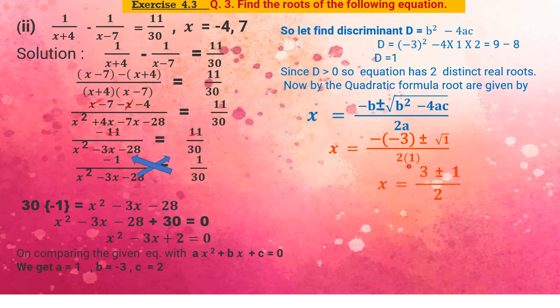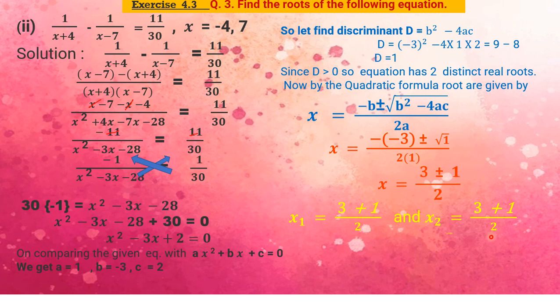Here we have to take two roots. The first root takes the positive sign, 3 plus 1 upon 2, and the second root takes the negative sign, 3 minus 1 upon 2. So for solving this, x1, the first root, is 3 plus 1 upon 2, and x2, the second root, is 3 minus 1 upon 2.